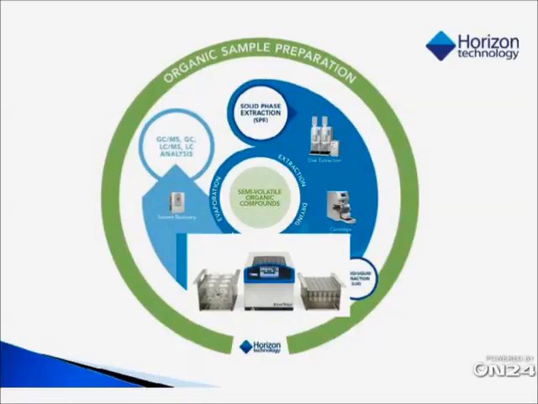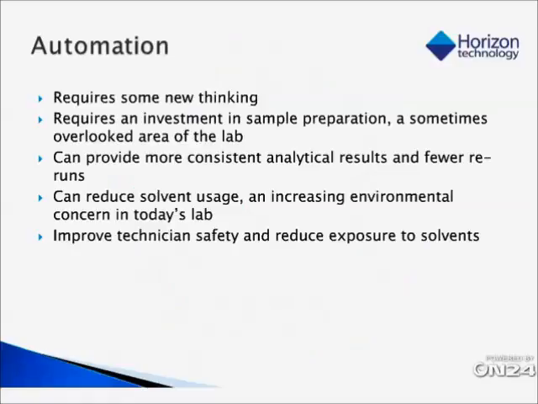Now, automation, in some cases, requires some new thinking. People are used to doing sample preparation in a manual way, and automation is a new way that requires them to think a little differently. It requires an investment in sample preparation, which is sometimes an overlooked area of the laboratory.